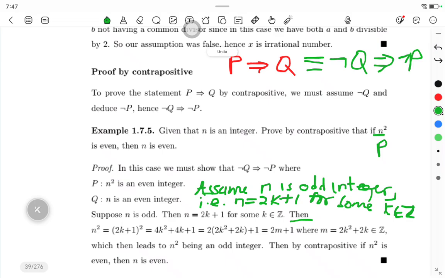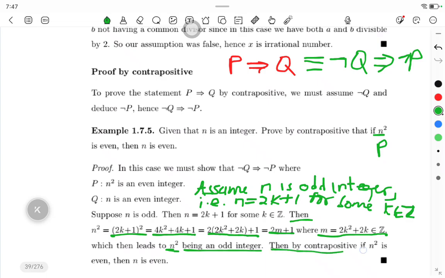Then you take this one now. Remember this here says that n squared is even. It means that you must arrive at the opposite. The negation of even will be odd. So you must arrive at n squared is odd. So when you plug it in and expand, you get this. And when you factor out the 2, you're going to have 2m plus 1, where m is equal to this, which is an element of an integer. This leads us to n squared being an odd integer.